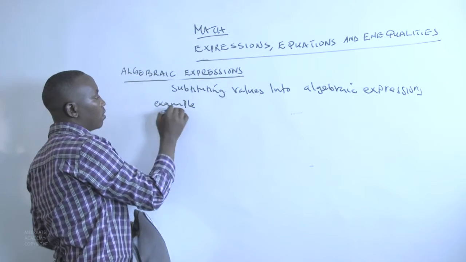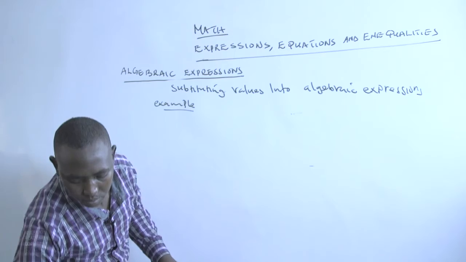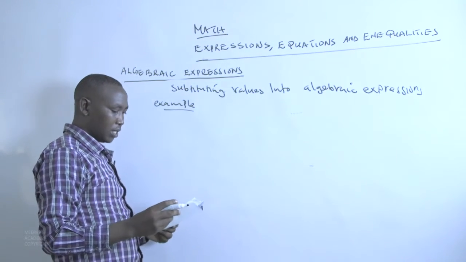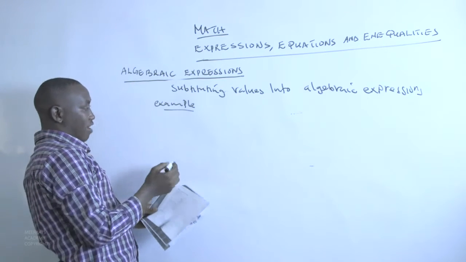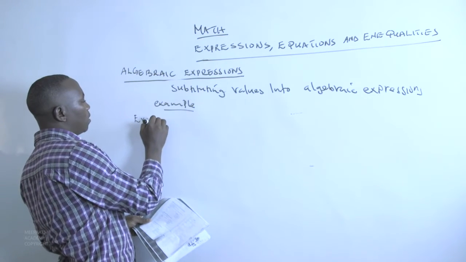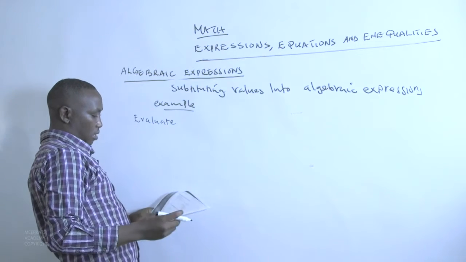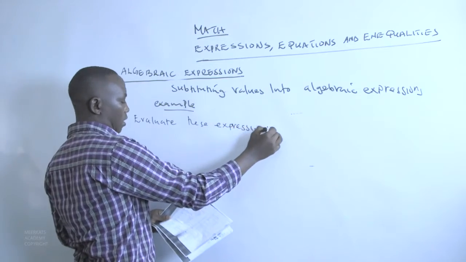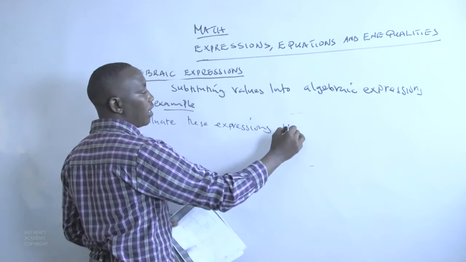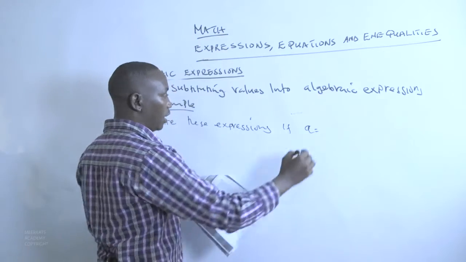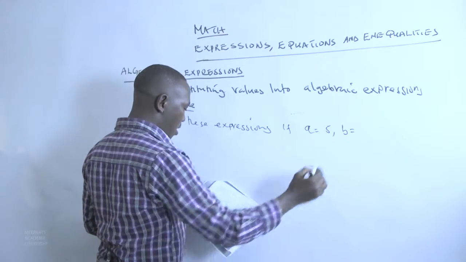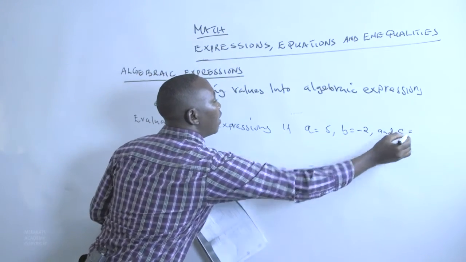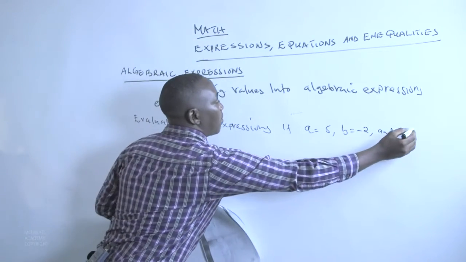Example, evaluate these expressions if the value of a is 5, the value of b is -2, and the value of c is 3.